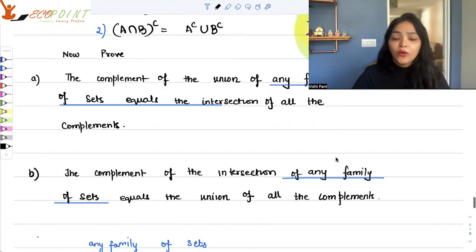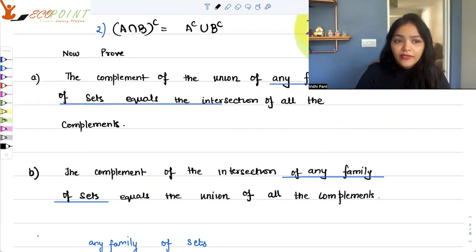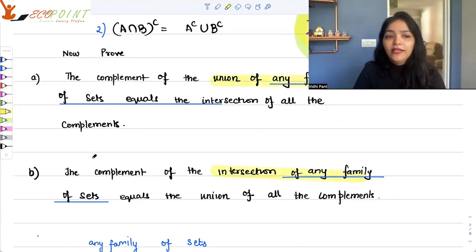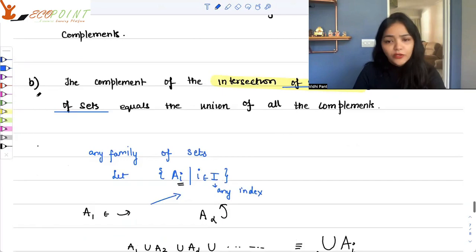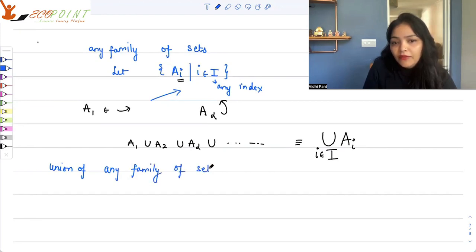We are saying the complement of the intersection of any family of sets. I've defined the union of any family of sets. Now I want to define the intersection of any family of sets, first of all for you, and then we move on to the proof. This is the union of any family of sets, and it would be denoted like this. Similarly, you can denote the intersection.